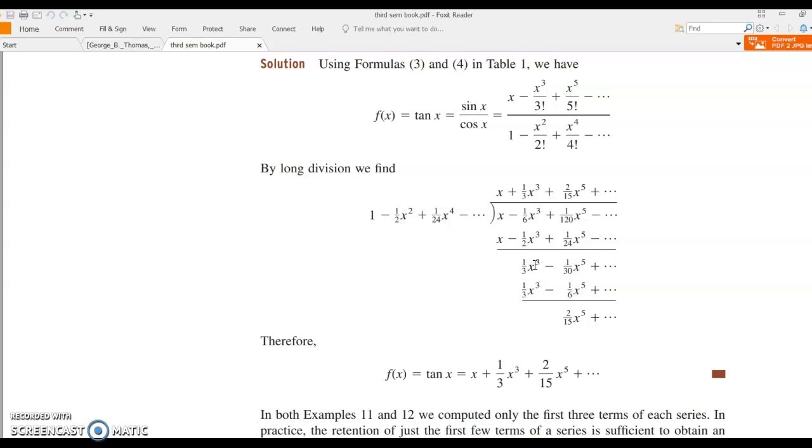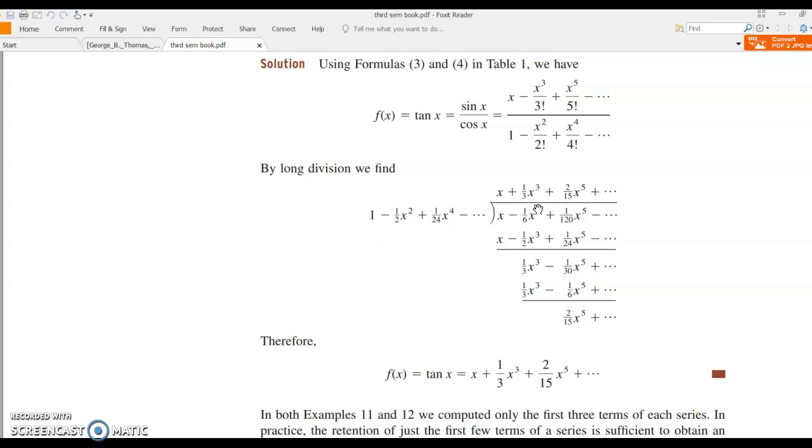Subtracting 1/3 x cubed. So 1 into this one means plus 1/3 x cubed here. Again multiply this 1/3 x cubed with this series and subtract it. Then we will get 2/15 x^5 plus etc. So 1 into 2/15 x^5 is here.